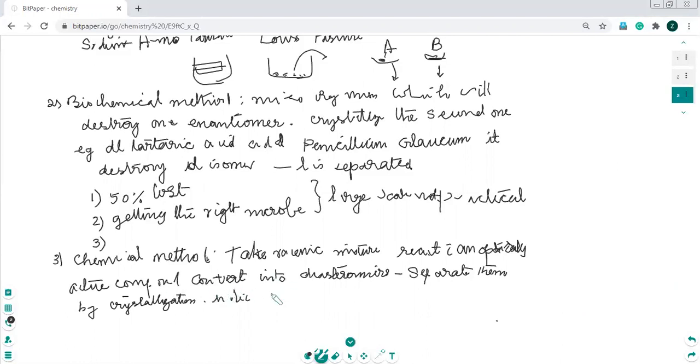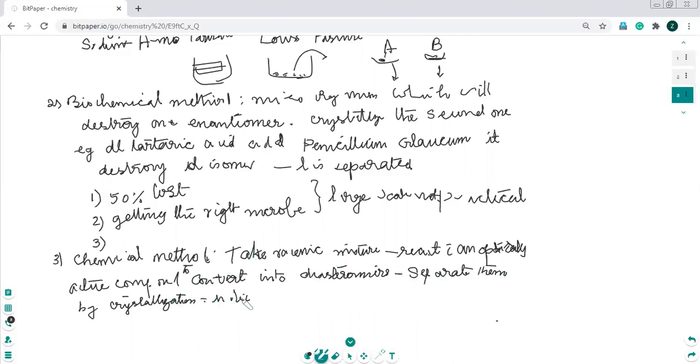What I was telling you is take the racemic mixture, react with an optically active compound, convert into diastereomers, separate the diastereomers by crystallization.